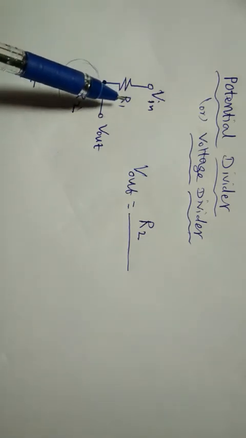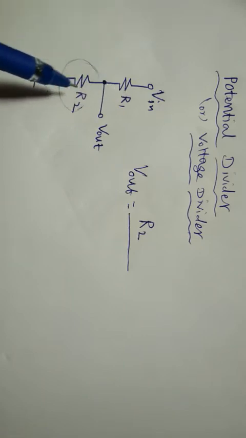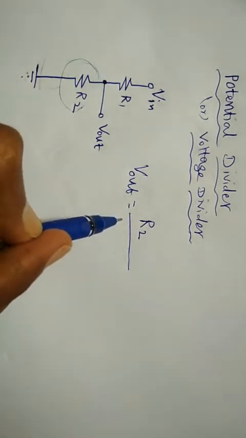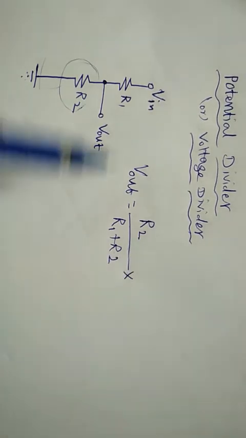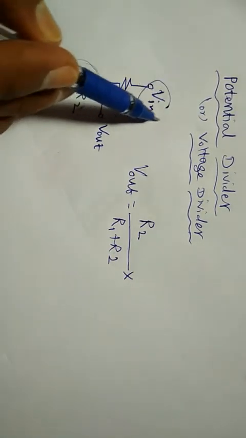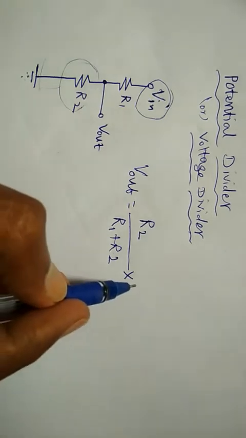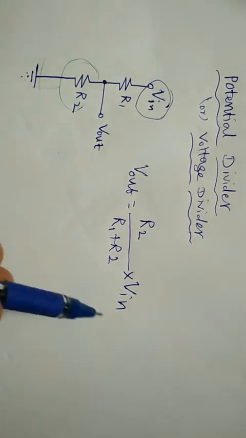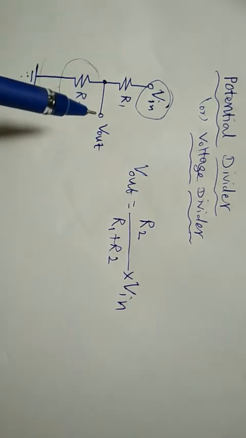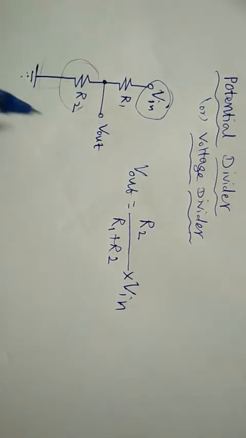We have two components, R1 and R2, so you add both and multiply by the source, that is the input to this potential divider. So this is the output equation after solving this potential divider.